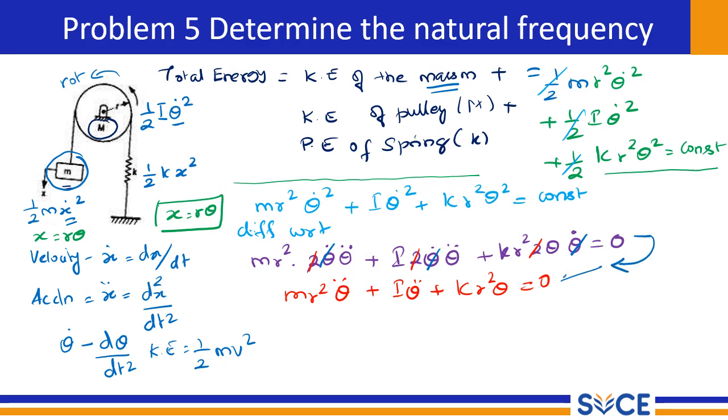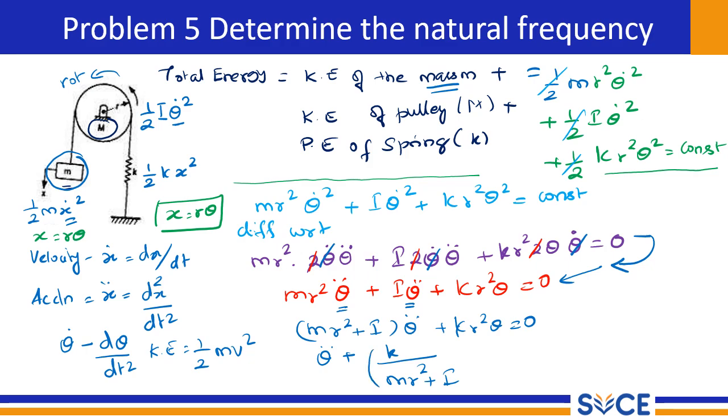Now we have to rewrite it in the form of our general harmonic equation. I am combining these terms: m r square plus I, times theta double dot, plus k r square theta equal to 0. Simplifying this, theta double dot plus k r square by m r square plus I, into theta, equal to 0.